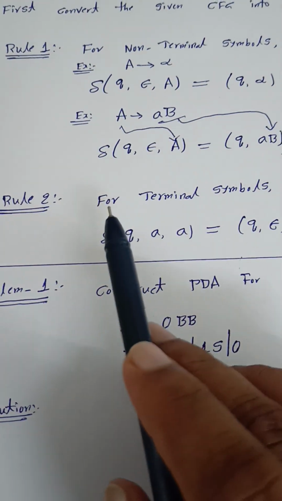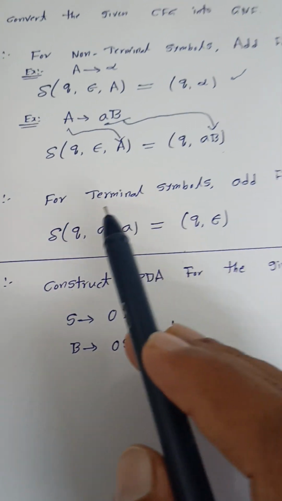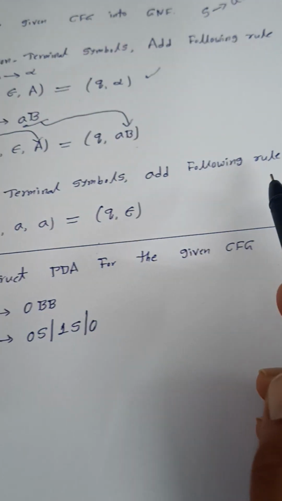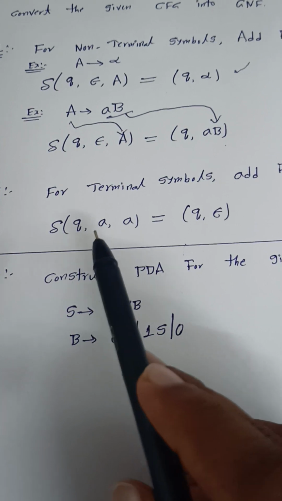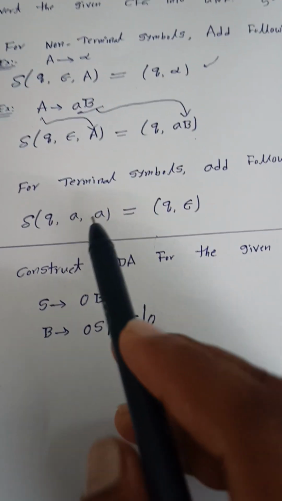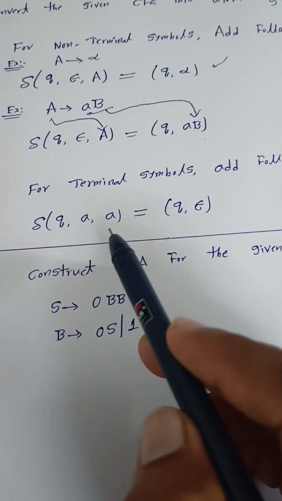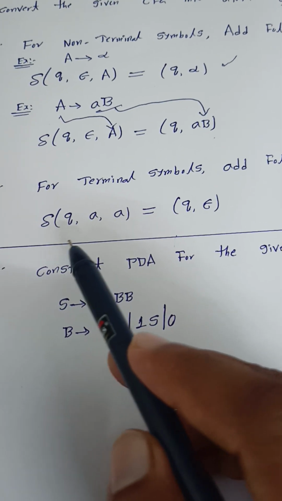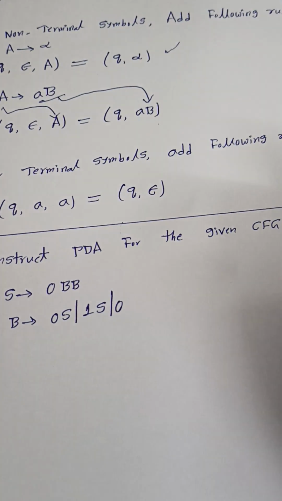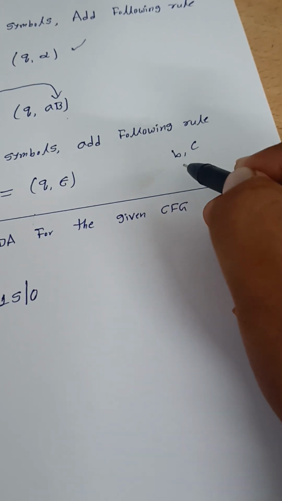Definitely in the grammar we have some terminals. For terminal symbols we add the rule delta of q comma a is equal to q comma epsilon. Here small a is the terminal symbol. Suppose in our grammar there are some terminal symbols like small b and small c.